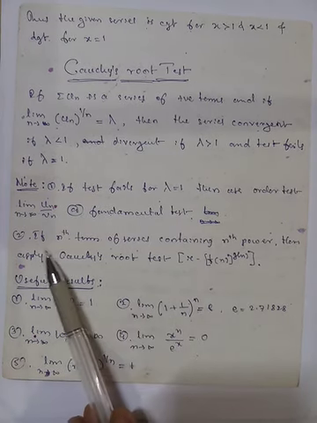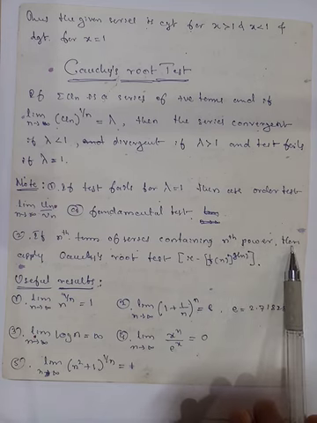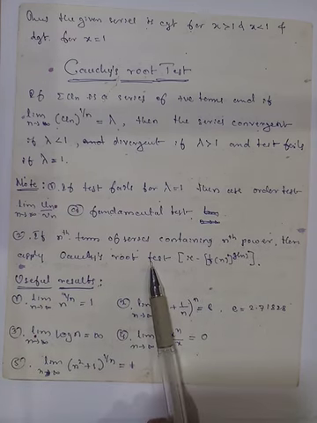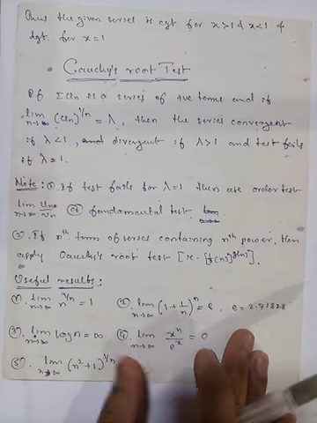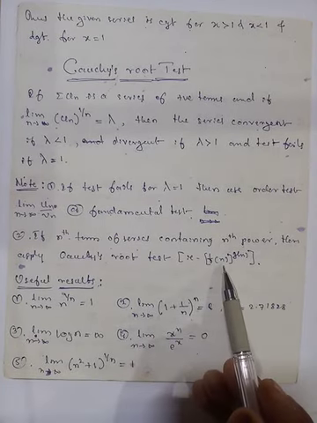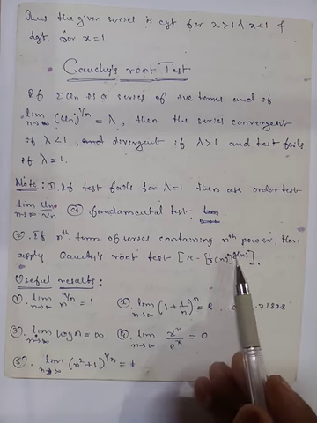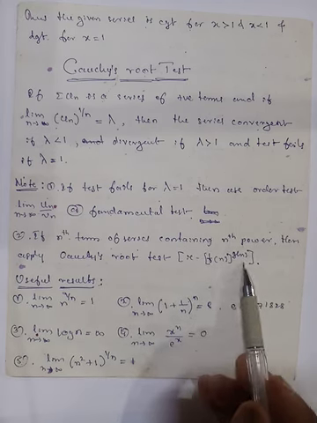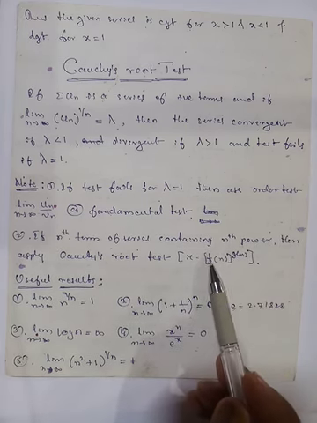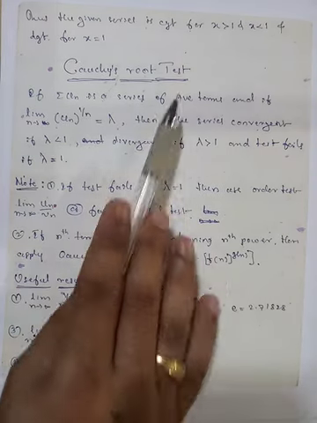And if the nth term of the series contains the nth power, then apply the Cauchy's root test. This is one point which helps you to apply the Cauchy's root test. Whenever we have a function of n in the form of f of n to the power of another function of n, this you try to understand, because depending on the nature of the infinite series, we apply the test.